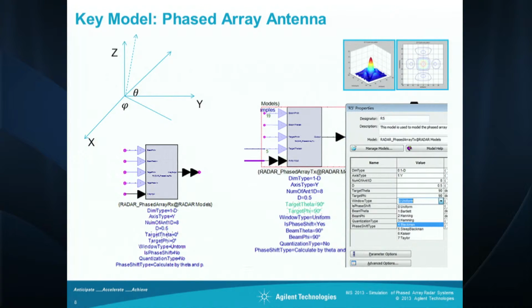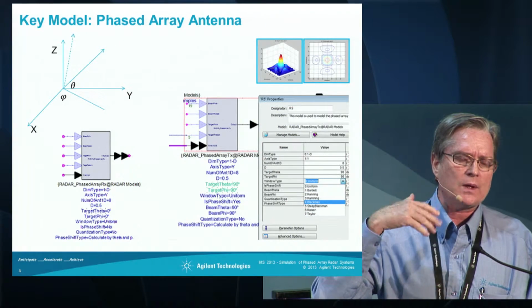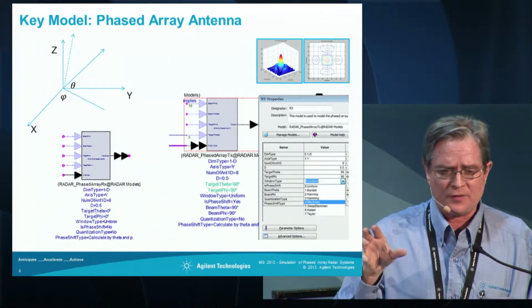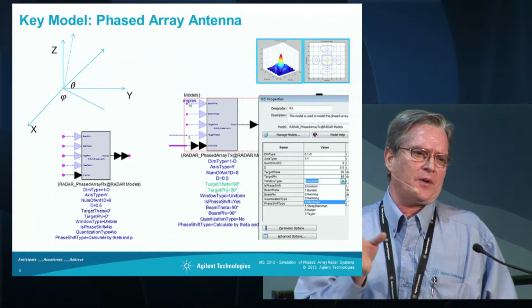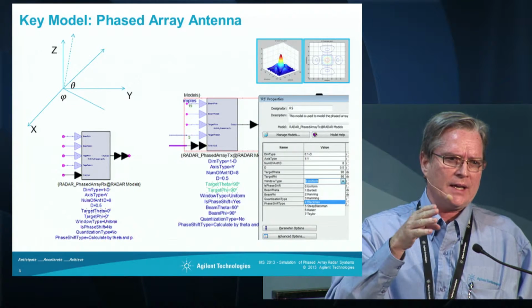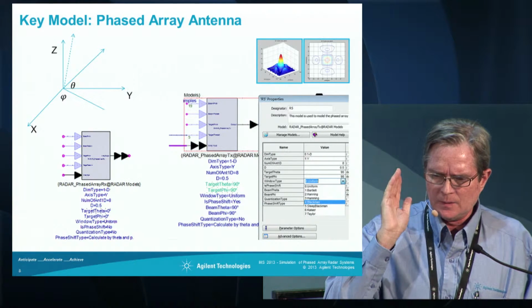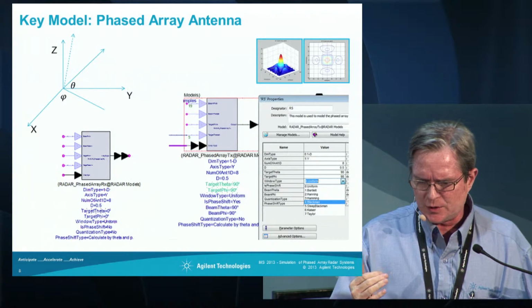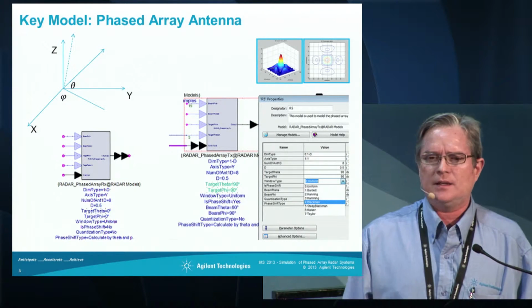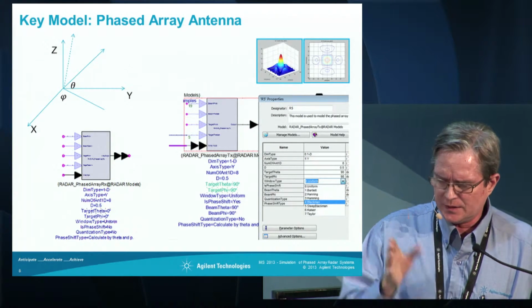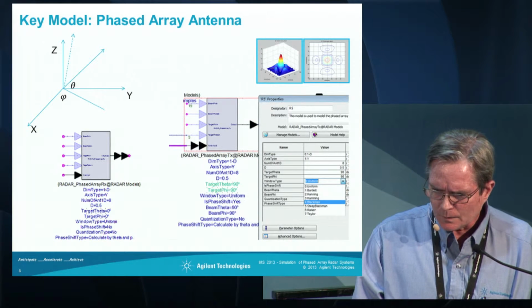So in these particular models, you can actually specify what type of array you have, what the dimensions are of the array. You can even specify the target angle and be able to use these models to simulate the direction of the radar.